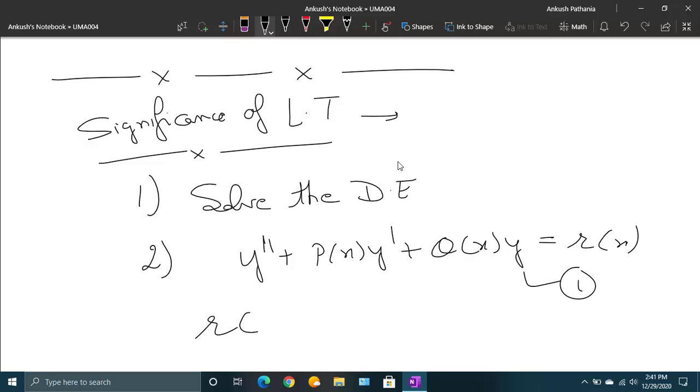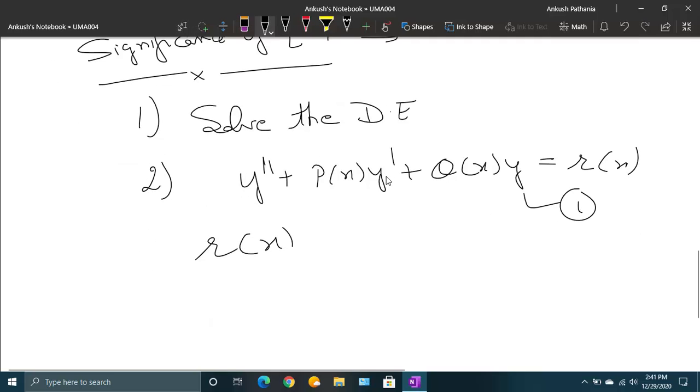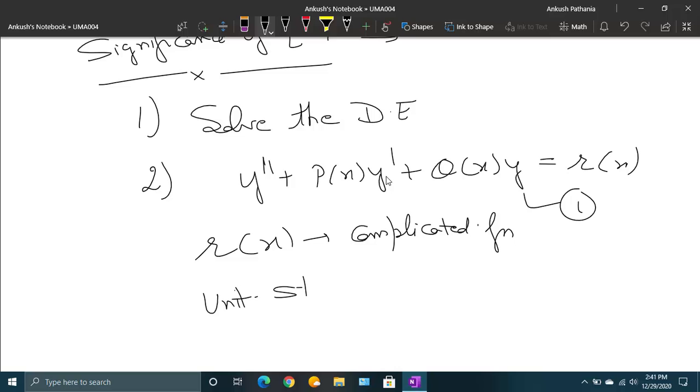If R(x) is a very complicated function, or in the form of a unit step function, then the actual power of Laplace transforms comes into play. There we will see how easily Laplace transformation helps us to solve such a differential equation.